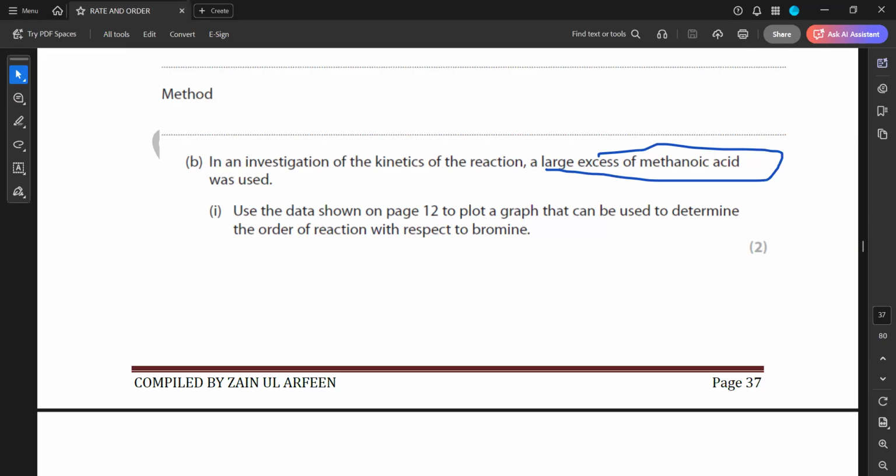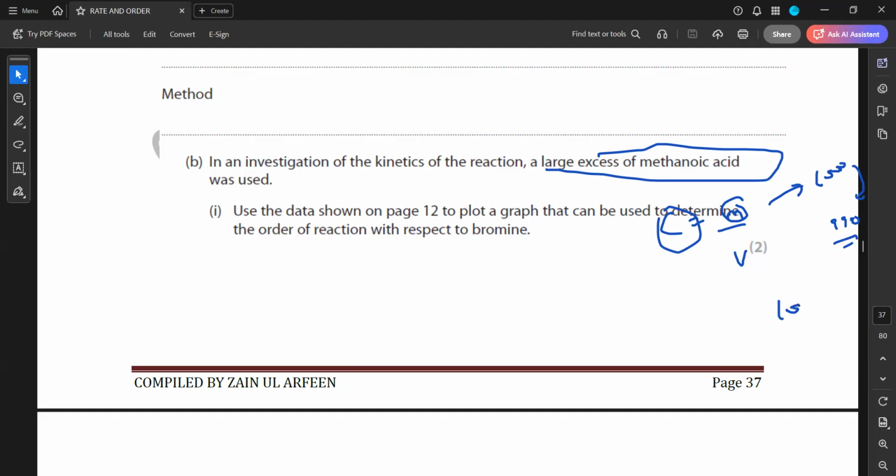So in the answer you will mention that the concentration of methanoic acid won't change much, because concentration is what? Concentration is moles divided by volume. You use a very high concentration, so even though the moles are changing, it won't affect the concentration much. If the moles were 1000 and become 990, that change is there, but it won't affect the concentration too much.